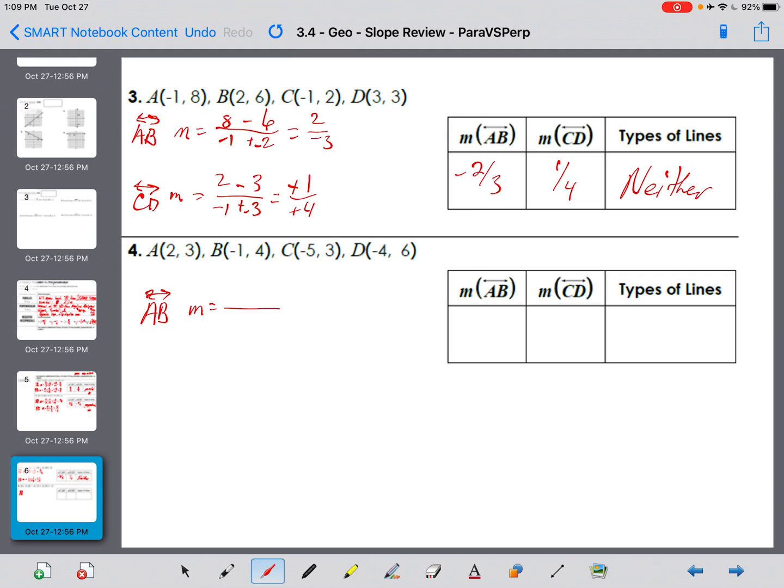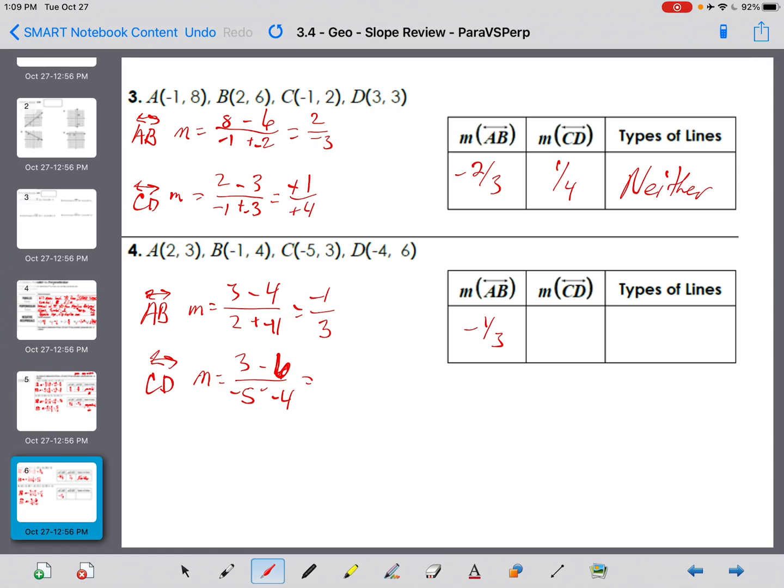Last one. AB. Slope is, let's see, 3, 2, y on top, x on bottom. 4, -1, y on top, x on bottom. 3 minus 4 is -1. Negative makes positive. 2 and 1 makes 3, so -1/3. CD, slope monster. Y on top, x on bottom.